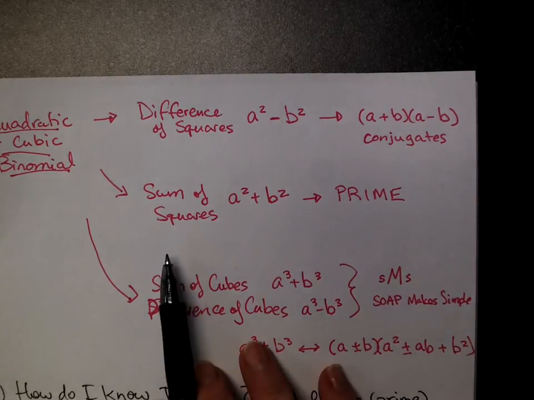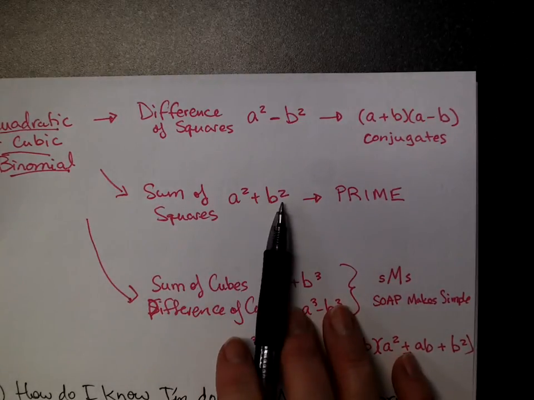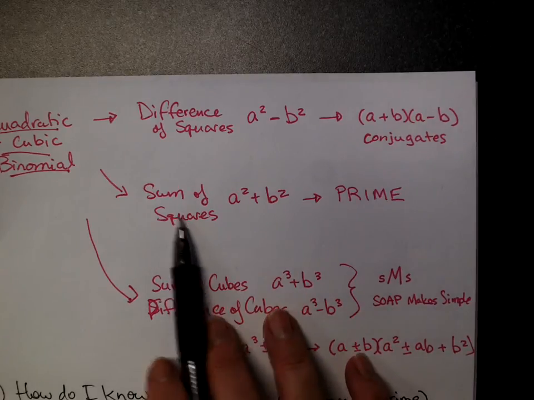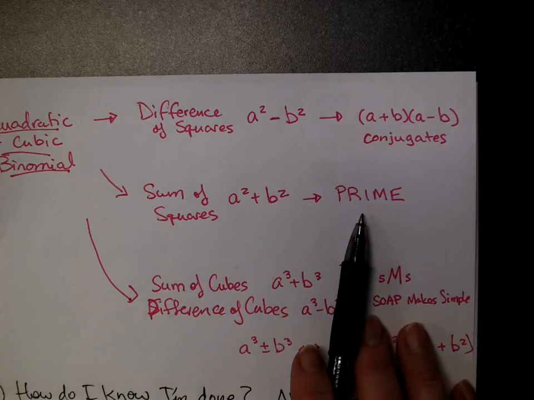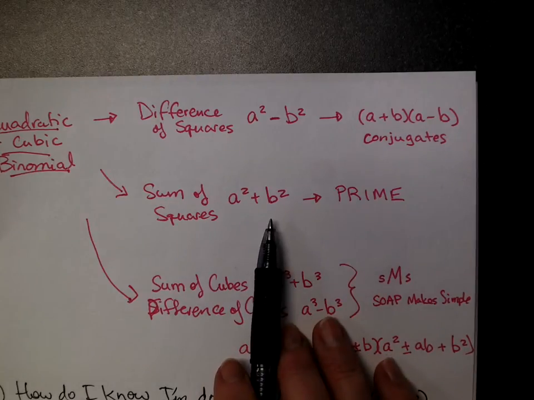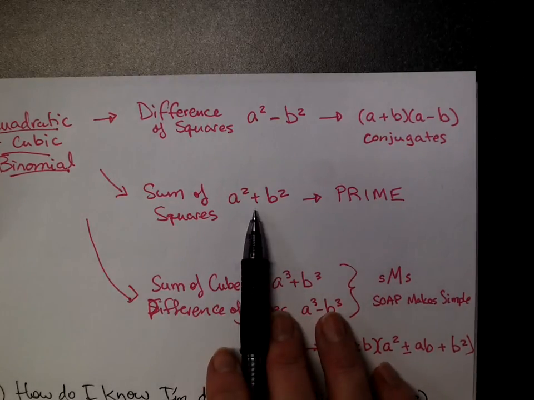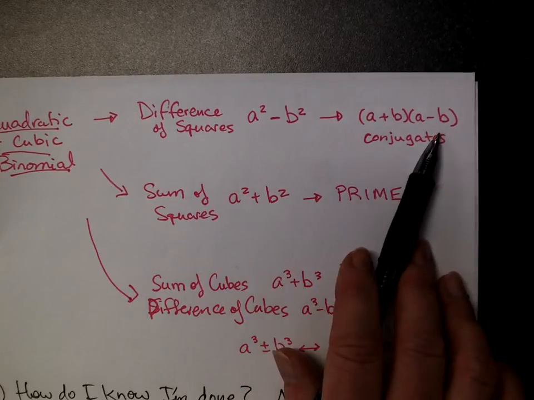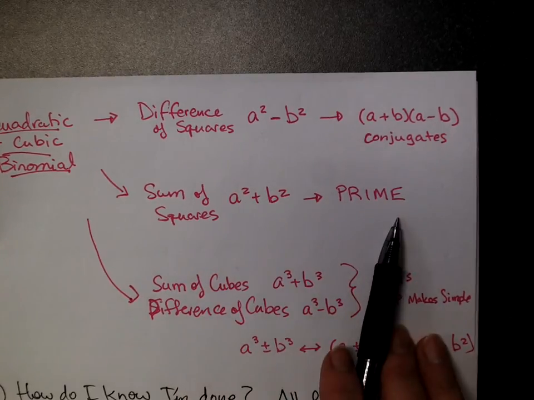Okay. Now, if you have a perfect square, but there's a plus, that's a sum of squares. That's prime. And you might say, oh, perfect squares, and you want to put it in conjugates? You have to check not only that they're perfect squares, but what's in the middle. Subtraction, conjugates. Plus, prime.